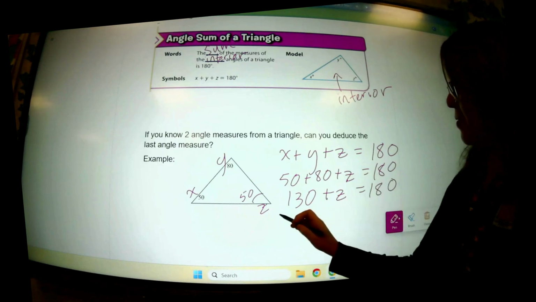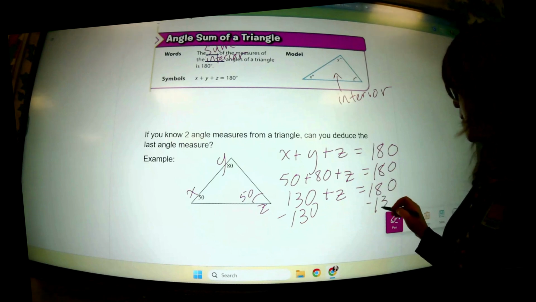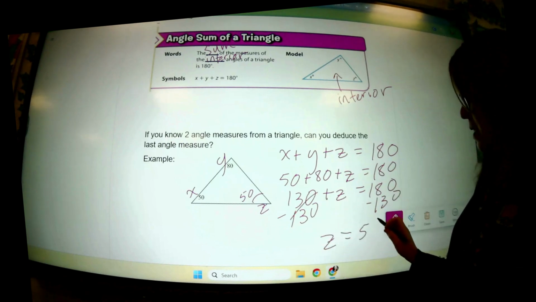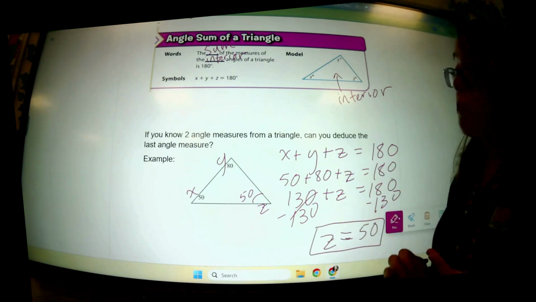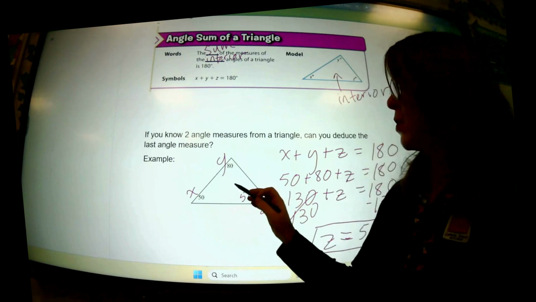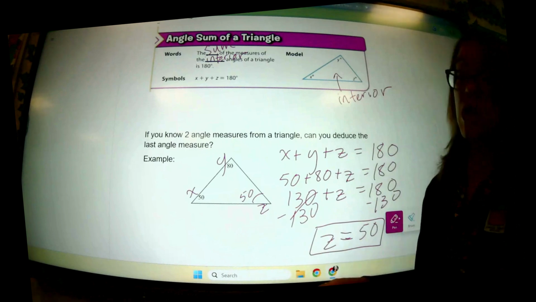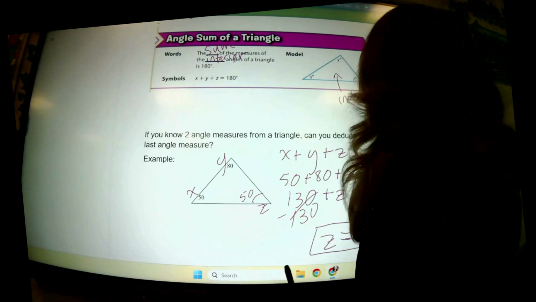Okay, then I have to subtract 130 from both sides, and I end up with z equals 50. So obviously this is a pretty easy problem, but you could have a problem where there's a bunch of variables mixed in here that you have to solve for, in which case having an equation is much more useful.